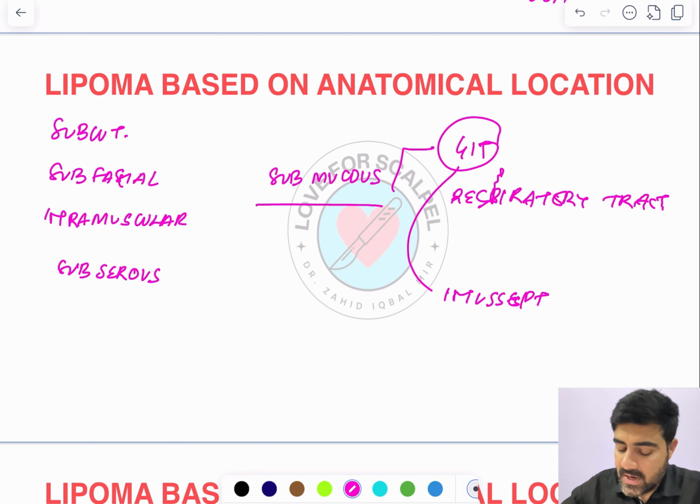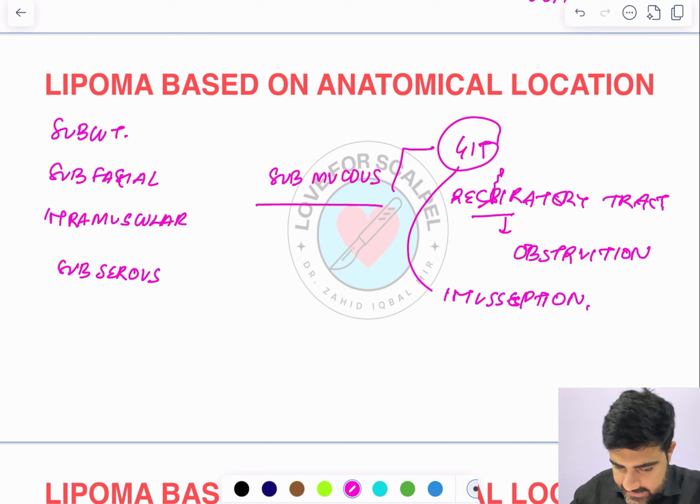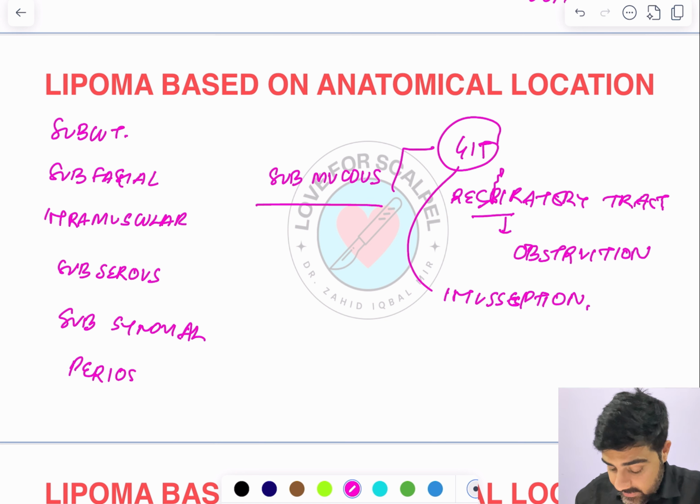And in the respiratory tract, they are responsible for obstruction, which leads to dyspnea. Then besides we have subsynovial, beneath the synovial membrane. Then we have periosteal. Then we have intra-articular.